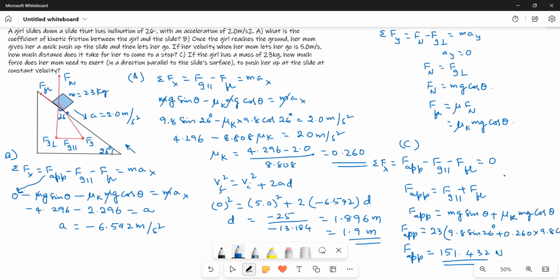For the C bit, constant velocity implies A is equal to 0. So F applied minus Fg parallel minus F friction is equal to 0, or F applied is equal to Fg parallel plus F friction. So I substituted the values here. With that, I got the answer. This is how I did the problem.